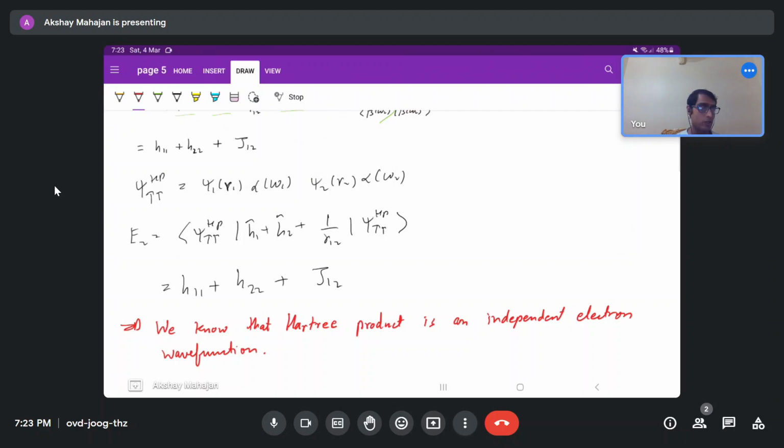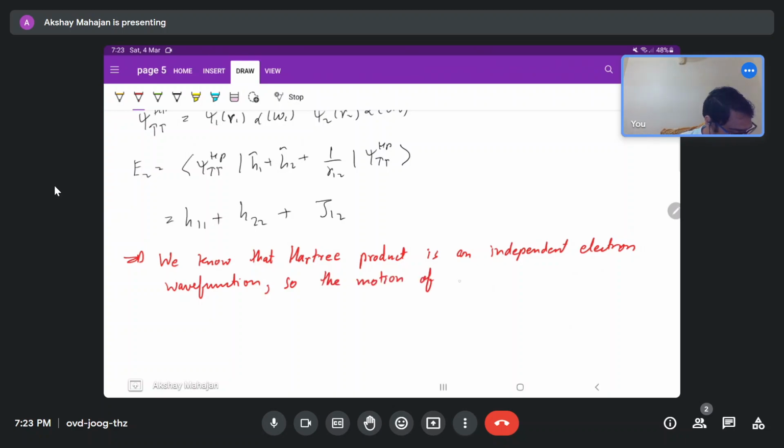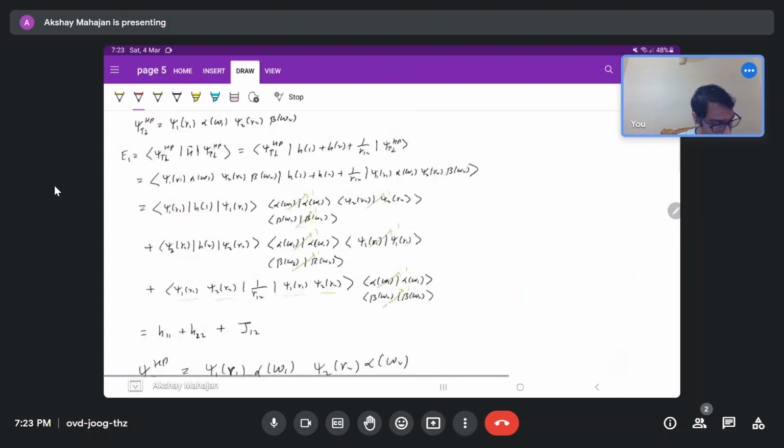As we have done in the class, if we take mod psi squared for any Hartree product, it is just the product of the mod squares of each of the wave functions that we have multiplied. So the motion of electrons with parallel spin is not correlated.